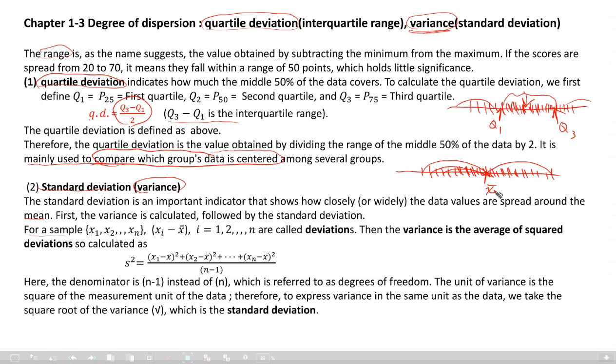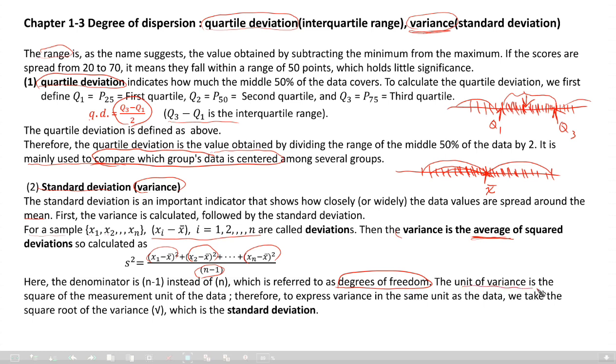There are n deviations. Variance is the average of squared deviations. But although there are n squared deviations, we divide by n minus 1. We call n minus 1 the degrees of freedom. Instead of n, we have to use n minus 1 because of degrees of freedom, and I will explain degrees of freedom later.